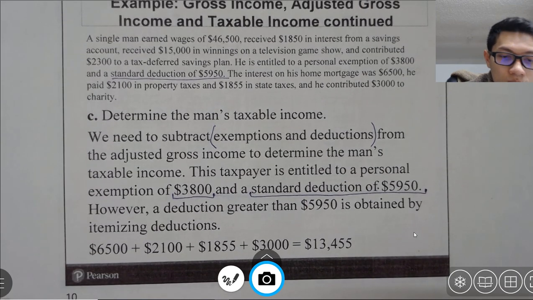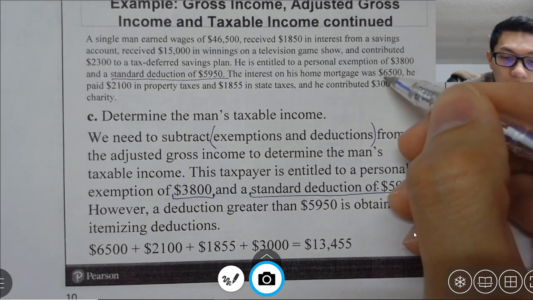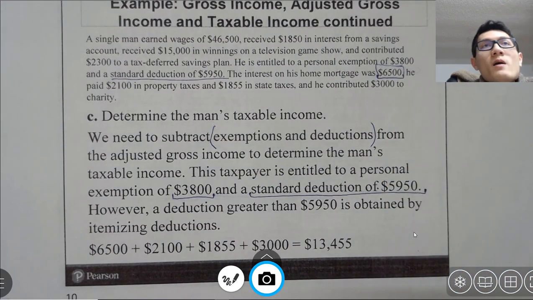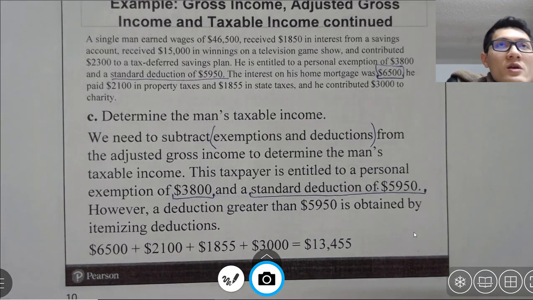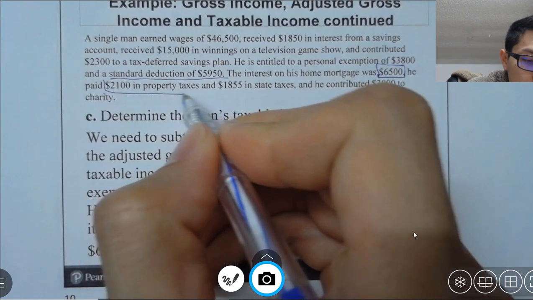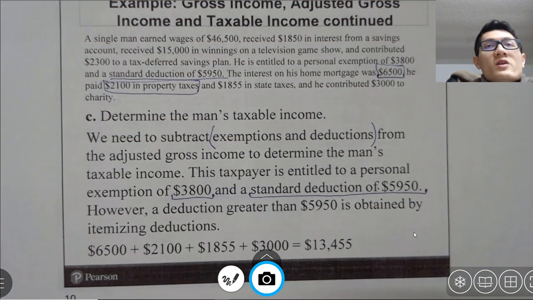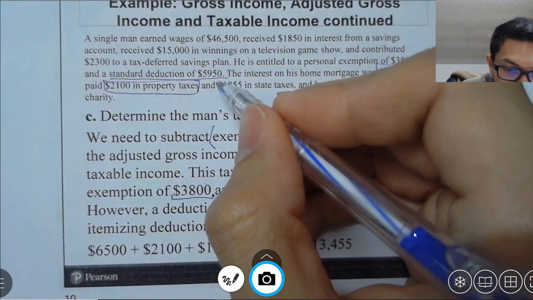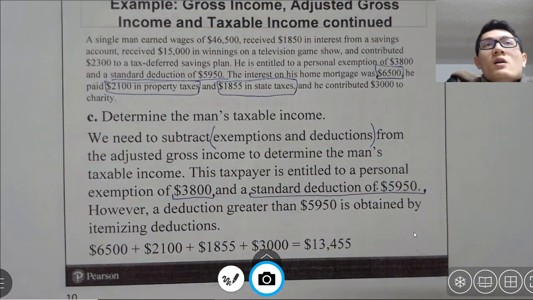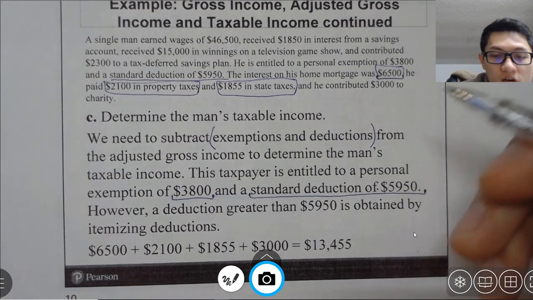The interest on his home mortgage was 6,500. That is one item. And he paid 2,100 in property taxes. Two items. And then for the state taxes, another money that he paid here, and he contributed 3,000 for charity work.